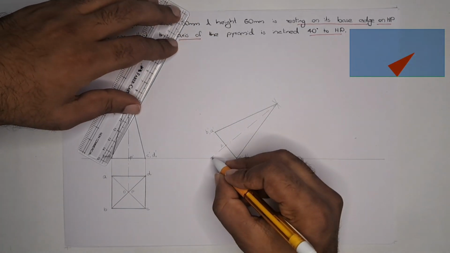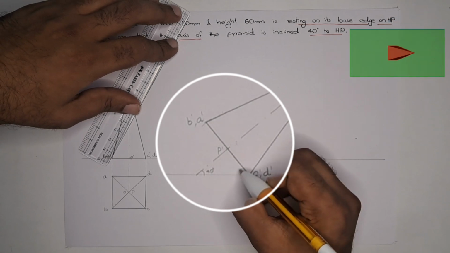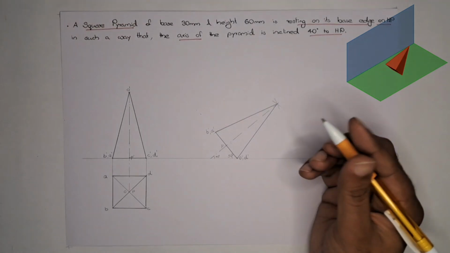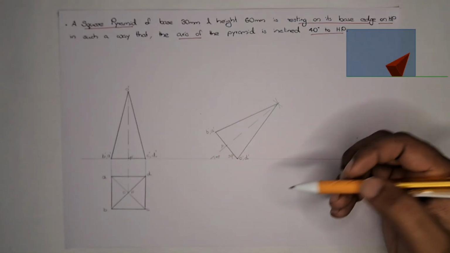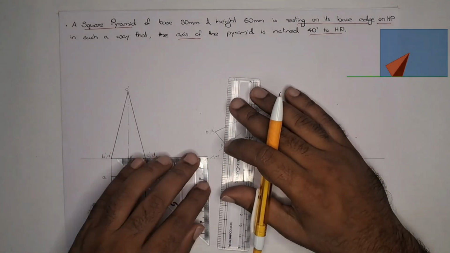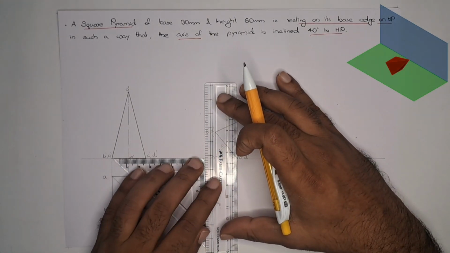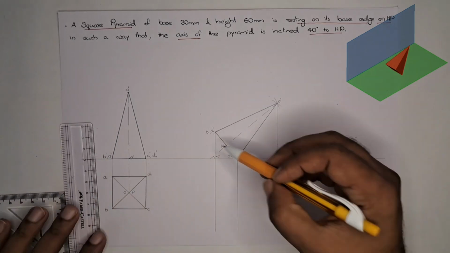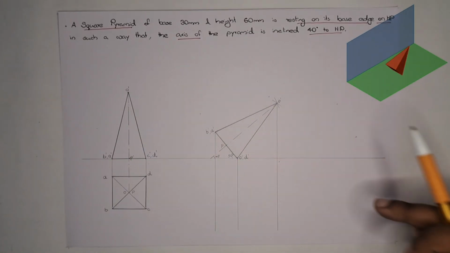This is the 40 degree angle and this is the complementary angle 50 degree. Now we need to mark the points. Now we have to connect it with the horizontal line.